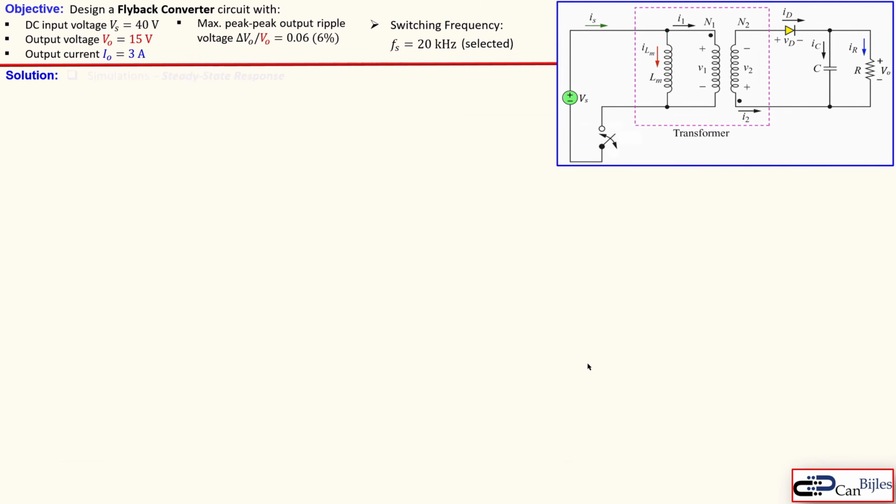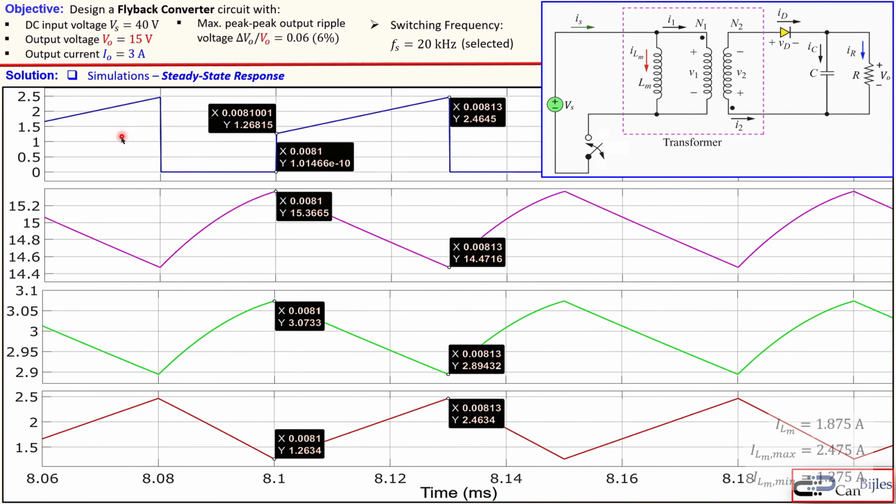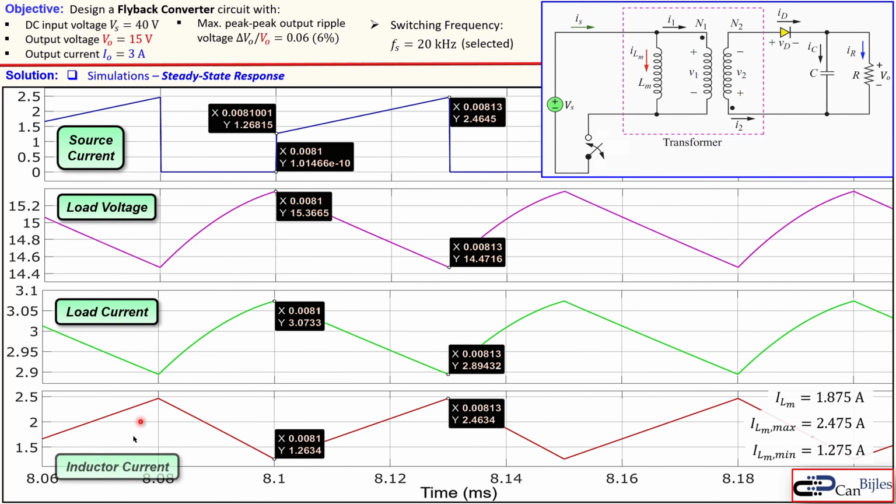But let's zoom in this and see more in the steady state response. You see here again the values and the source current, the load voltage, load current, and our inductor current. These were the results for our inductor current, the average, the maximum, and the minimum value. You see here the minimum, which is 1.2634 amps, which is really close to what we see here.